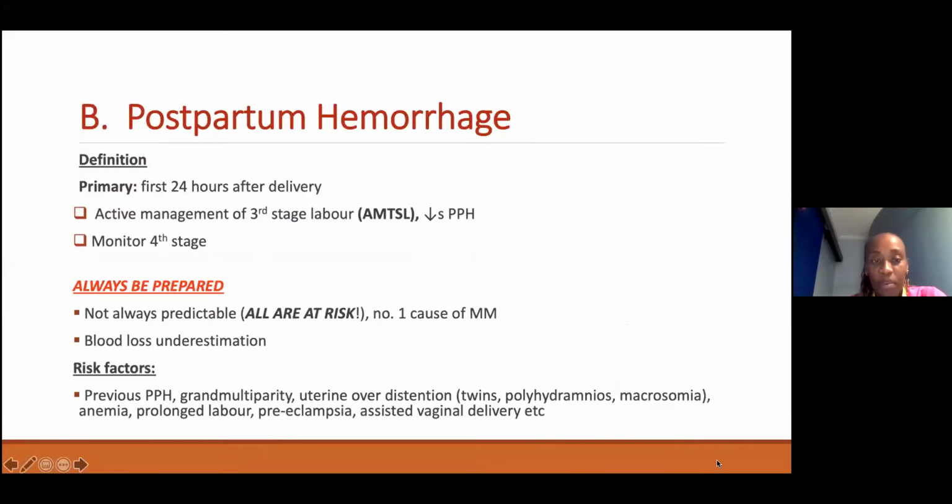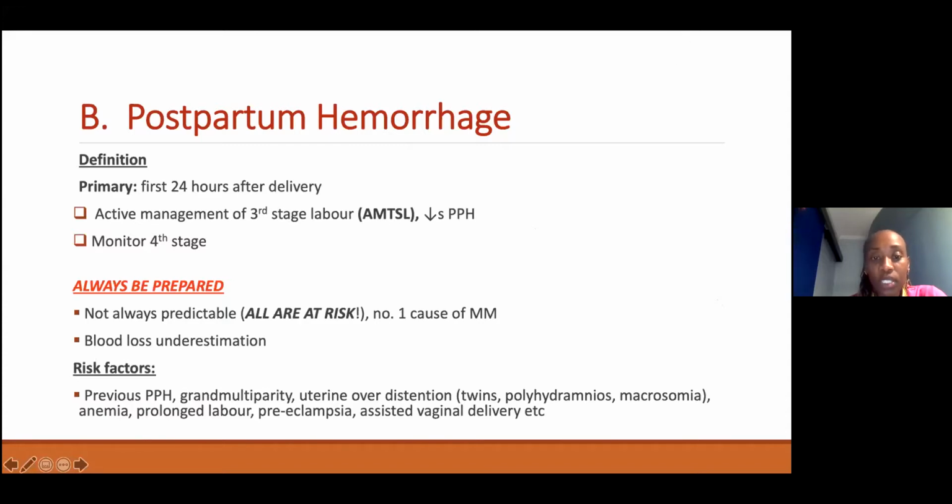All right, so let me wrap up the antenatal bleeding, the antepartum hemorrhage, at that point. Let's move to postpartum hemorrhage. Now, I think PPH is an even greater issue, and you cannot work in an obstetric unit if you're not conversant with postpartum hemorrhage.